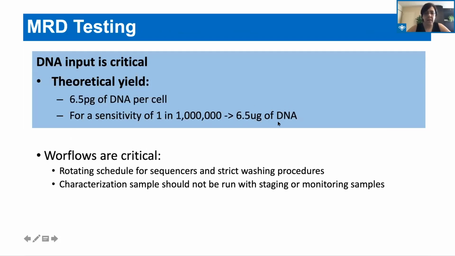This is not necessarily feasible in a clinical laboratory, because you would have to have one entire run per patient. So in our lab, we have decided to do 1 times 10 to the minus 5 rather than 1 times 10 to the minus 6.